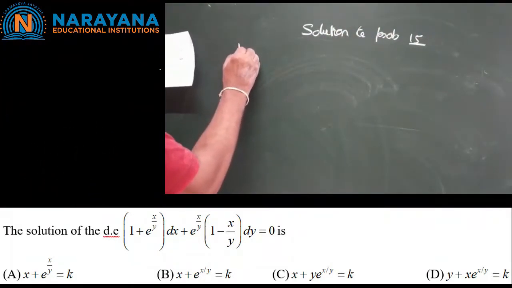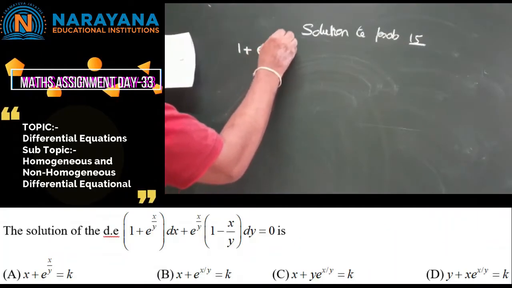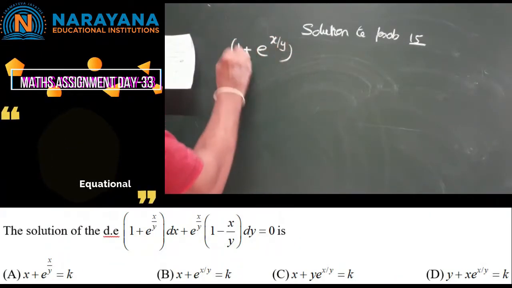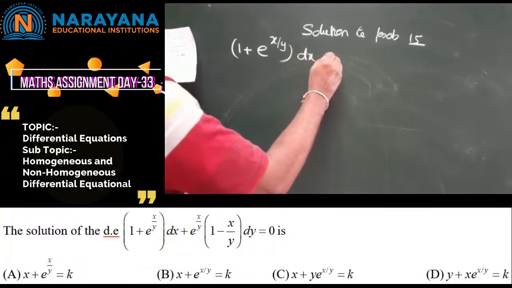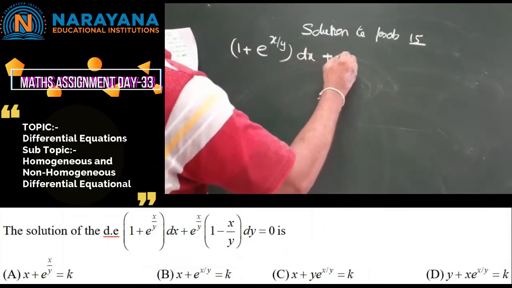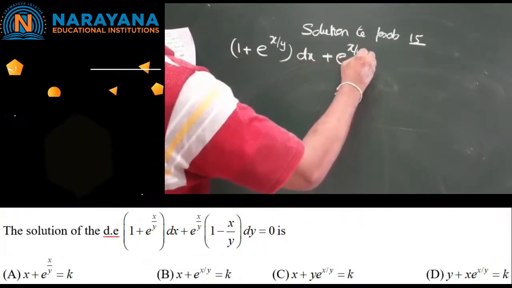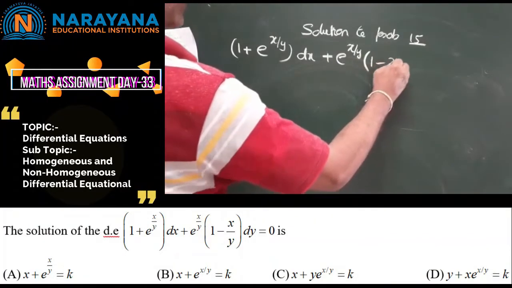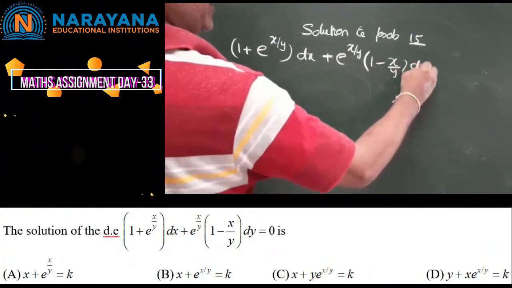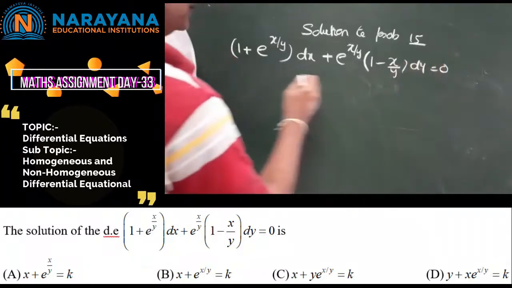Now it is given (1 plus e power x by y) dx plus e power x by y into (1 minus x by y) dy equal to 0.